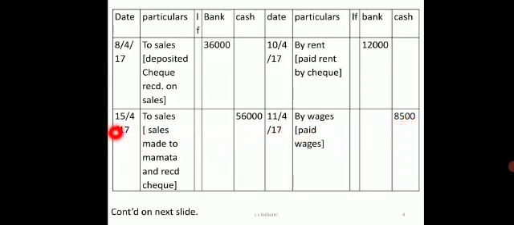Now coming to 15th. On 15th we have made sales to Mamta and received a check. So whenever I have received a check on sales, I will record it as cash received and take it as 56,000 in the cash column.